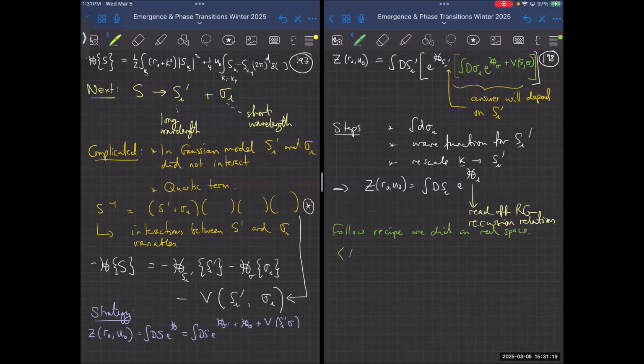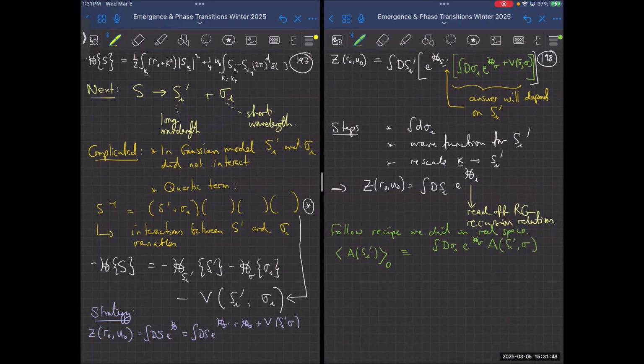So I'm going to define, if I have some variable that depends on the long wavelength part of the spin variable, the expectation value zero. I'm going to define that to be the integral over the short wavelength degrees of freedom, which are the sigmas, the expectation with respect to the Hamiltonian of the sigmas of whatever this function A is, now depending on SL prime and sigma, normalized by the integral d sigma of e to the H sigma.